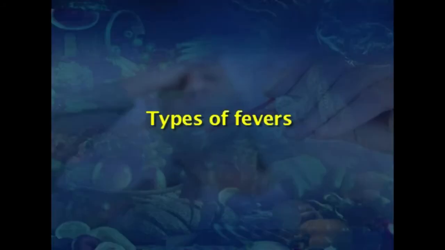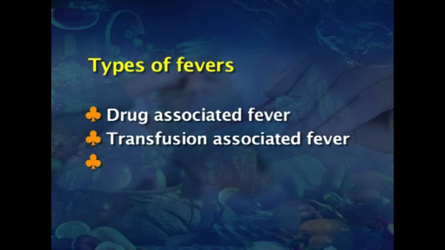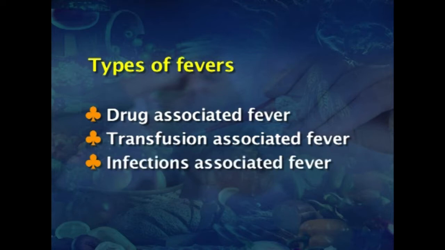It is a complex physiologic reaction to the disease involving a cytokine mediated rise in body temperature. The types of fevers include the drug associated fevers, the transfusion associated fevers and the infection associated fevers.